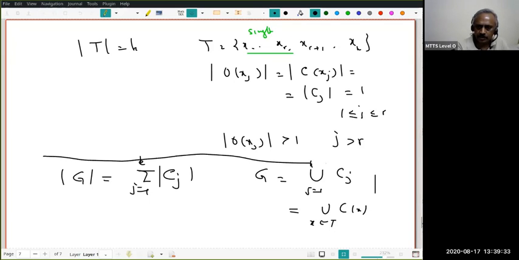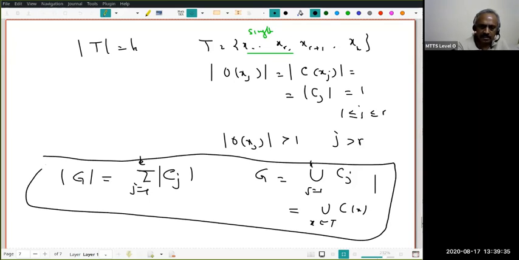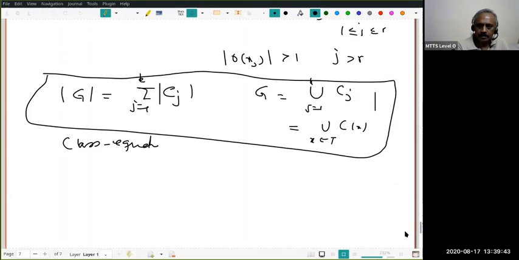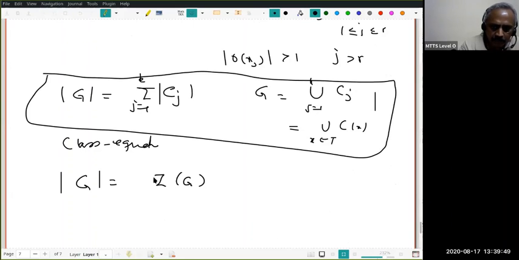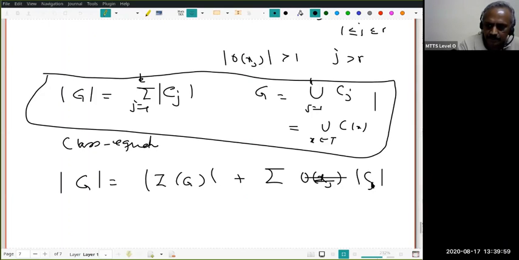Okay, this is what is called the classical class equation. Therefore let me write this. The first r will constitute the center of G, plus what I have is the sum of the modulus of Cj, j equals r plus 1 to k.